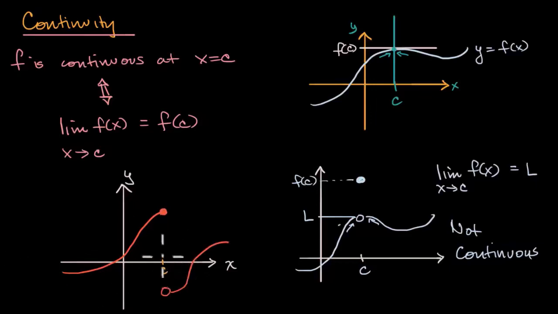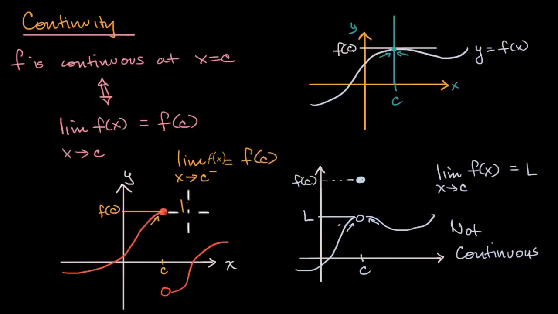And this is f of c right over here. That is f of c. And it does look like the limit as x approaches c from the left, so from values less than c, is approaching f of c.